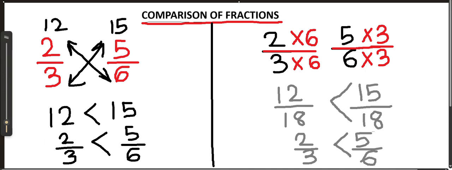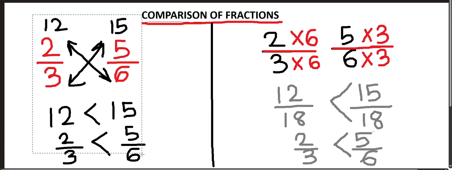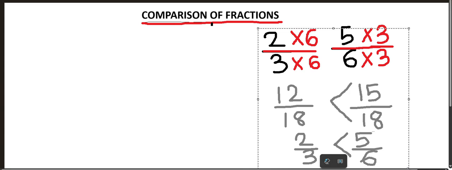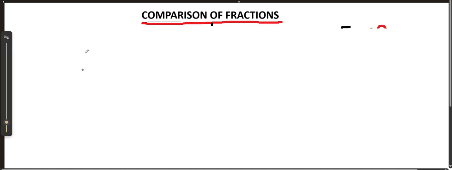Now, we are going to see some shortcut methods by which you can compare the fractions even faster. Okay? The next one which I have for you is we are going to compare the fractions with same denominators.